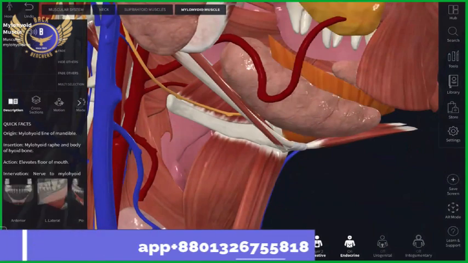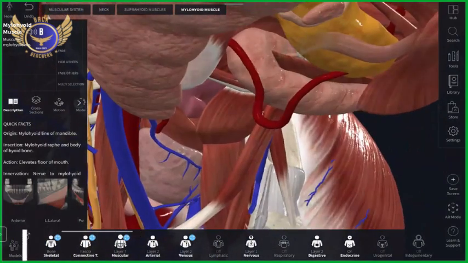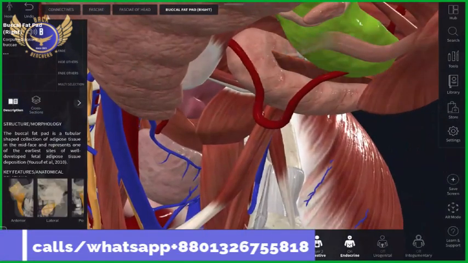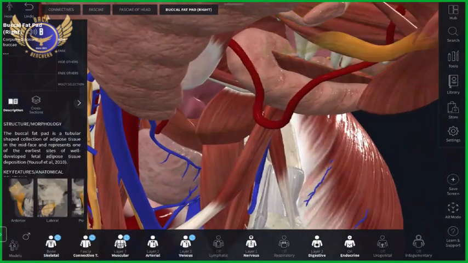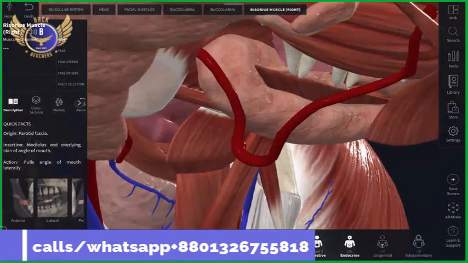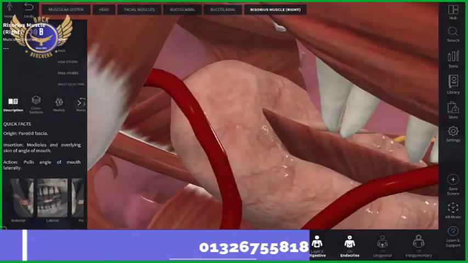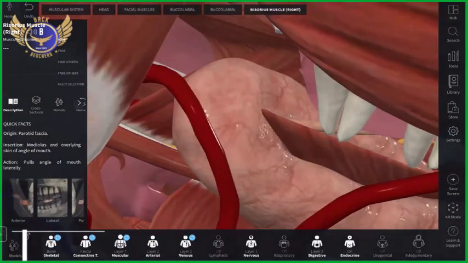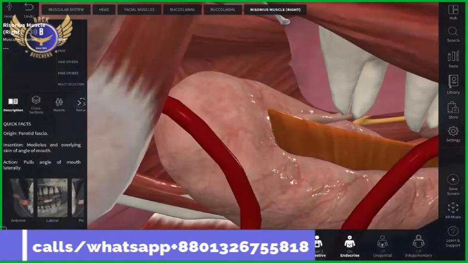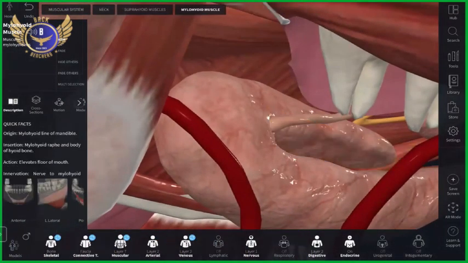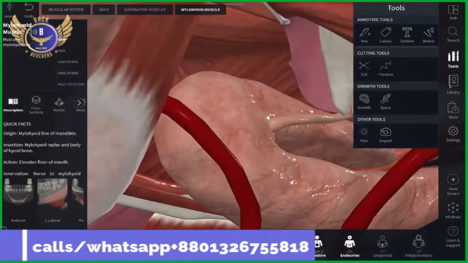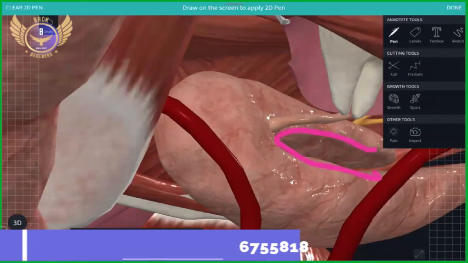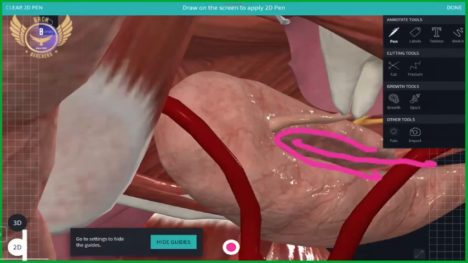And this beautiful muscle is cutting the submandibular gland into two halves. See, let me show you. Very beautifully, like a sword, it's cutting this submandibular gland into two halves. This half, and we have mylohyoid here.